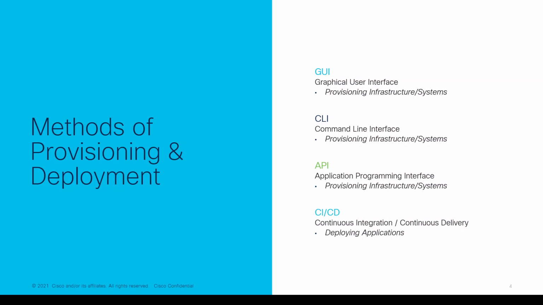So the first three terms, GUI, CLI, and API, to me really relate more to the provisioning of infrastructure and systems, whereas CI/CD really has more to do with deployment of applications. CI/CD is not going to be a focus of this presentation, since it isn't about provisioning network, storage, or compute infrastructure itself, but it's still worth mentioning.